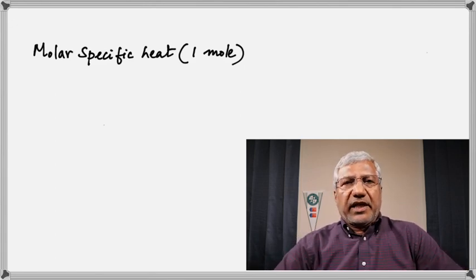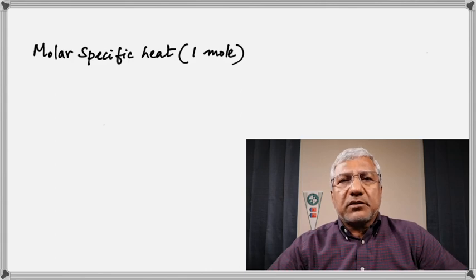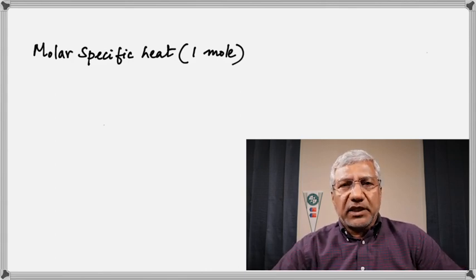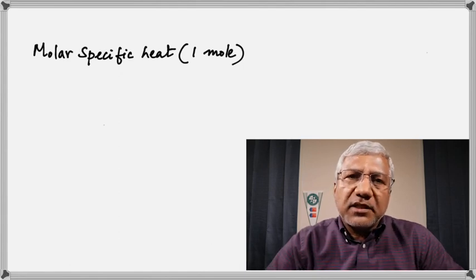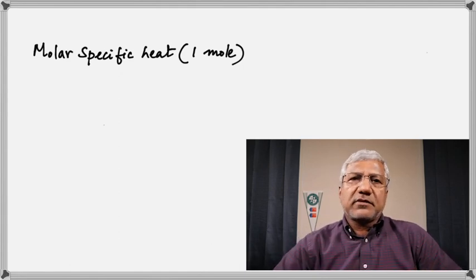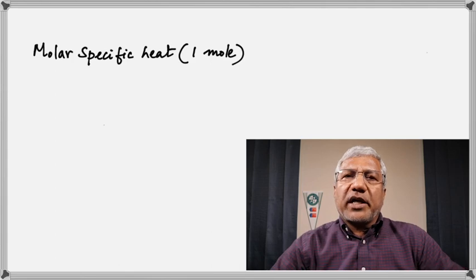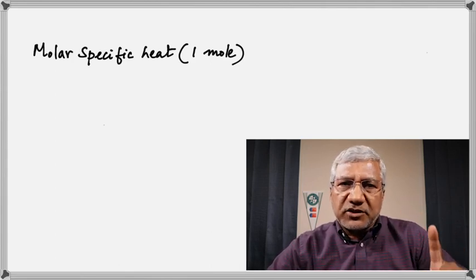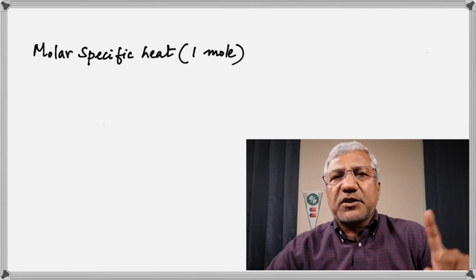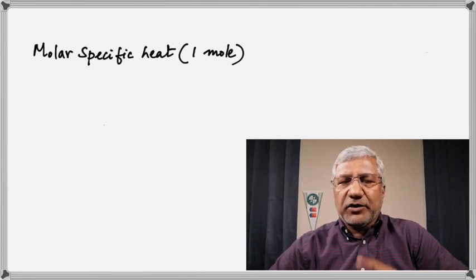Another difference is that we would like to define the specific heat not in terms of 1 kilogram, but in terms of its molar mass. And that's why gases have molar specific heat at constant pressure and molar specific heat at constant volume.